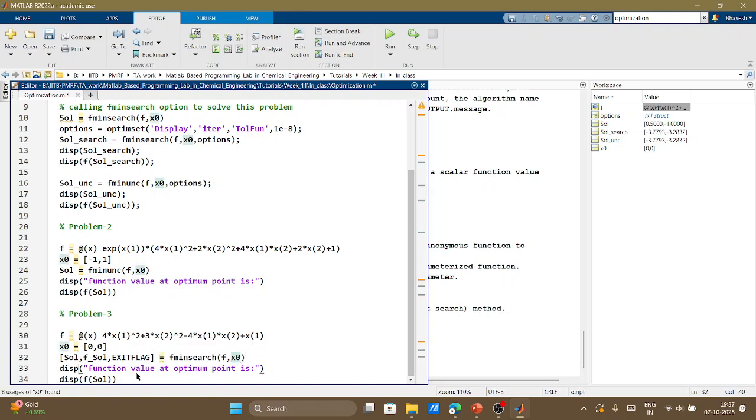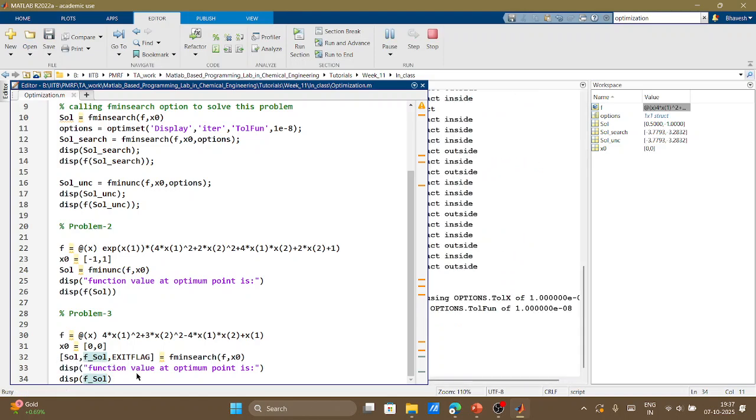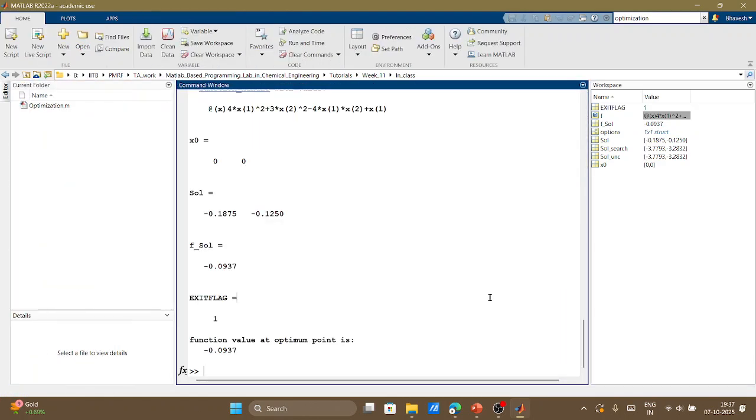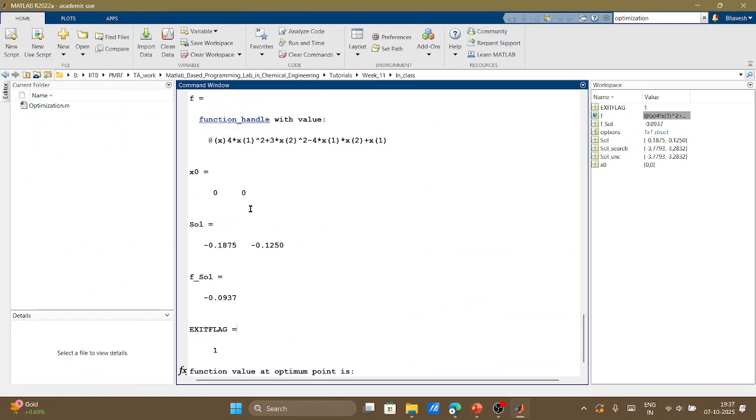Yeah, you can just directly write f solve. So with the starting point as 0 0, your optimum value comes at minus 0.187 and minus 0.125. Your function value is 0.0939.